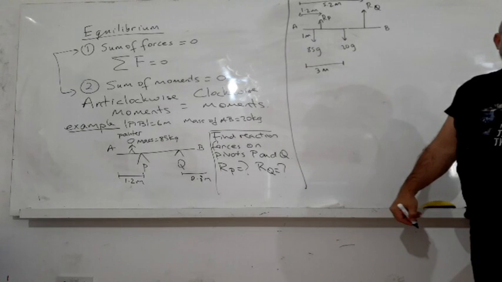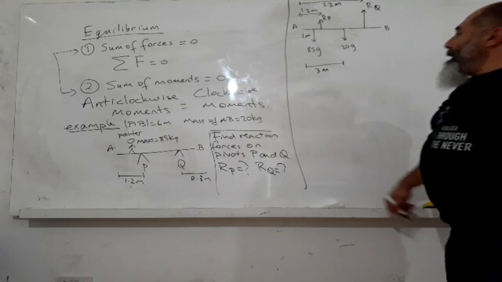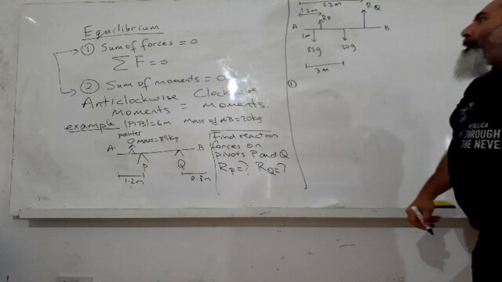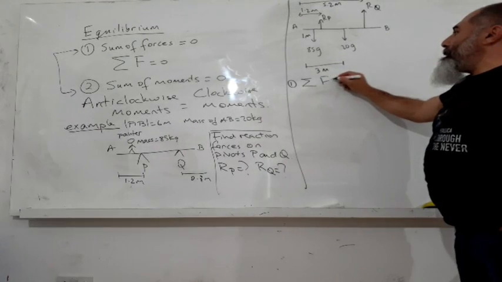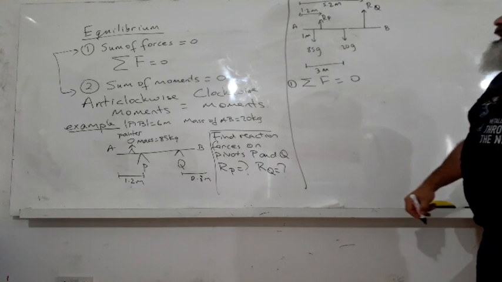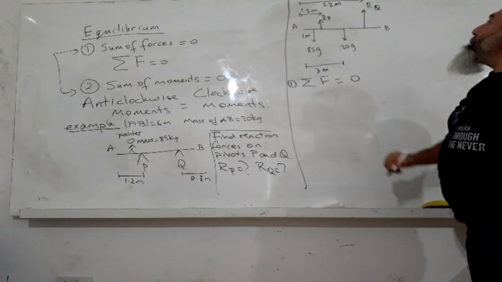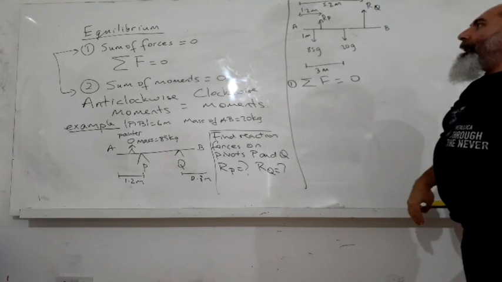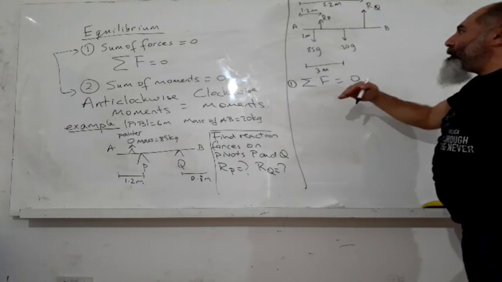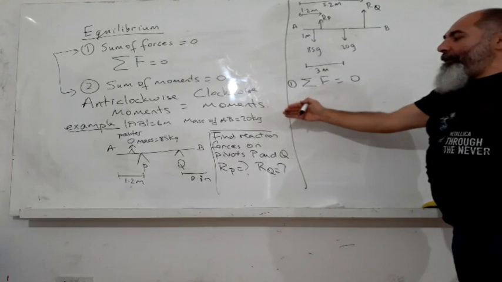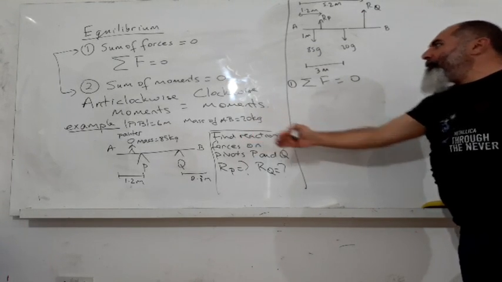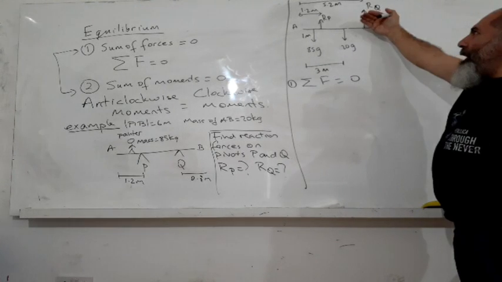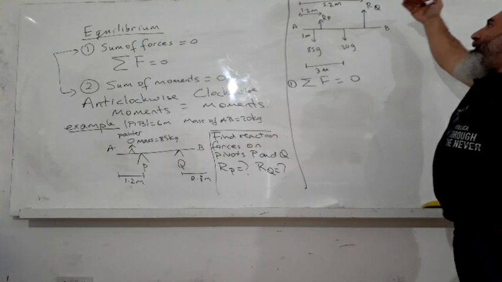Let's apply rule number 1. Sum of forces must be 0. We have Fy, forces pointing up and forces pointing downwards. And because the system is in equilibrium, we have to have the sum of forces as 0.